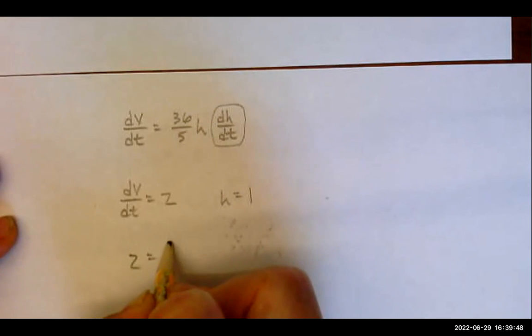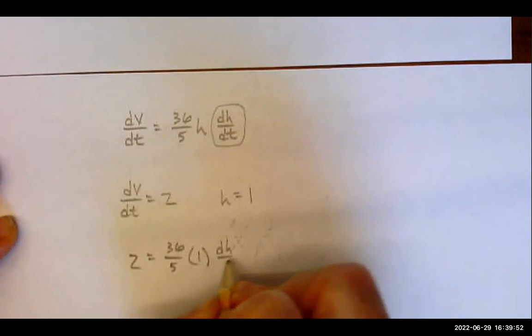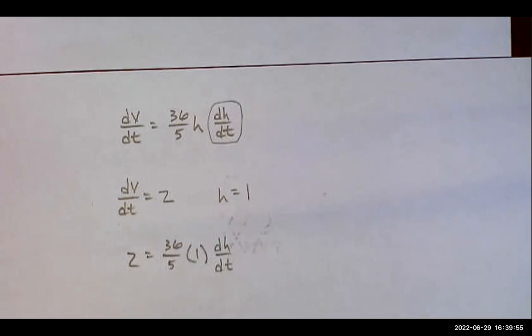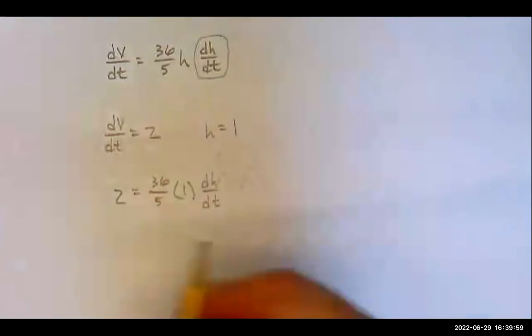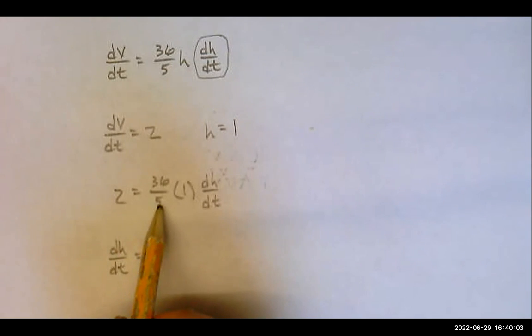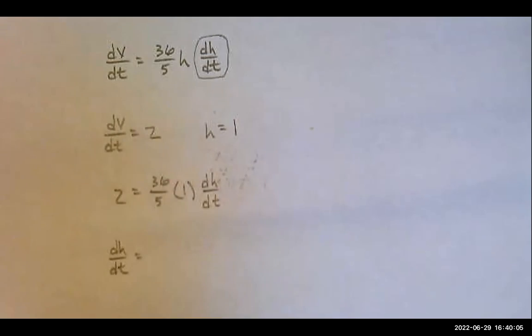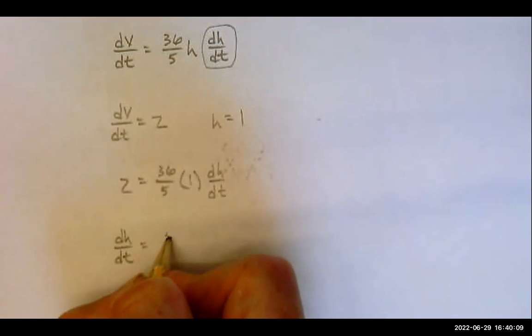So 2 equals 36/5 times 1 times dh/dt. Let's see. What's dh/dt gonna equal? If we multiply by 5, that's 10, divide by 36, 10/36 would be 5/18.